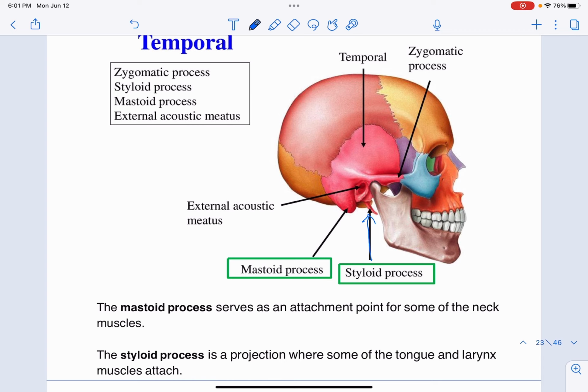Oftentimes, and this is another attachment site for muscles, if you're working with real skulls, lots of times the styloid process is broken off because it's very, very fragile. Another important feature to the temporal bone, which is a site of muscle attachment, is this mastoid process right here.